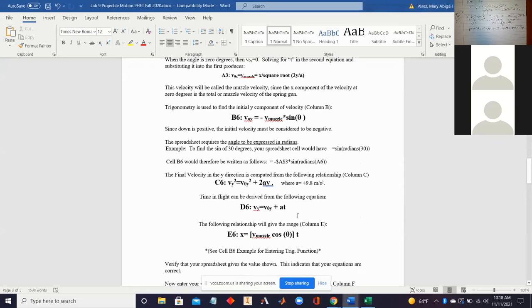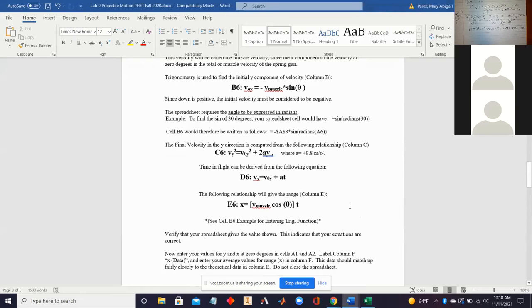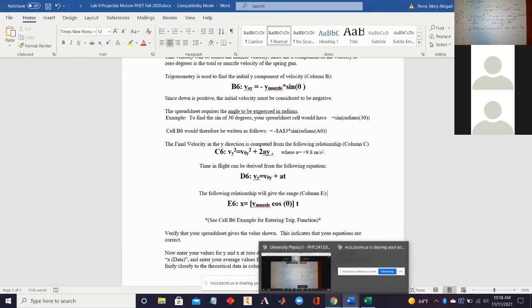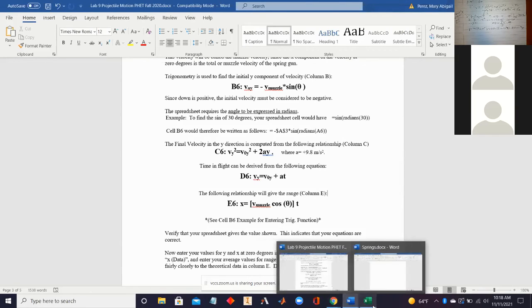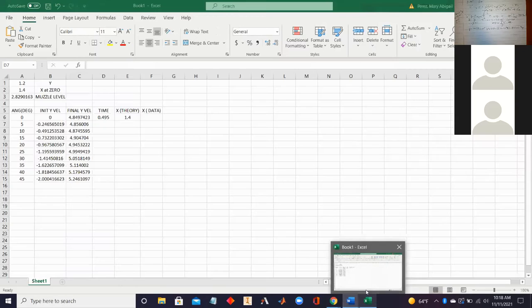Now we need D6, which is they want you to solve for T. So in that case, you're doing V final, which I think was the previous line, minus the V0Y initial, which I think was A6, and then divide it by 9.8, and that should give you the answer for D6.